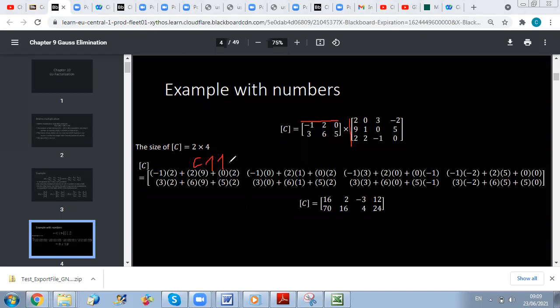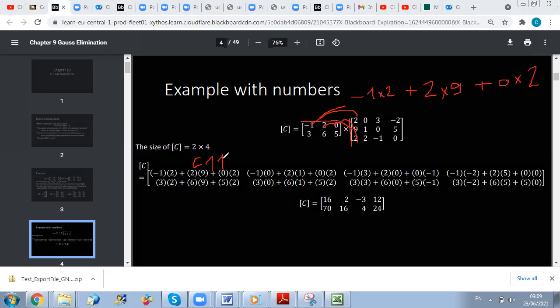So C11 will be the result of the product of the elements of the first row times the first column: -1 times 2 plus 2 times 9 plus 0 times 2. This constitutes the first element of my matrix C.